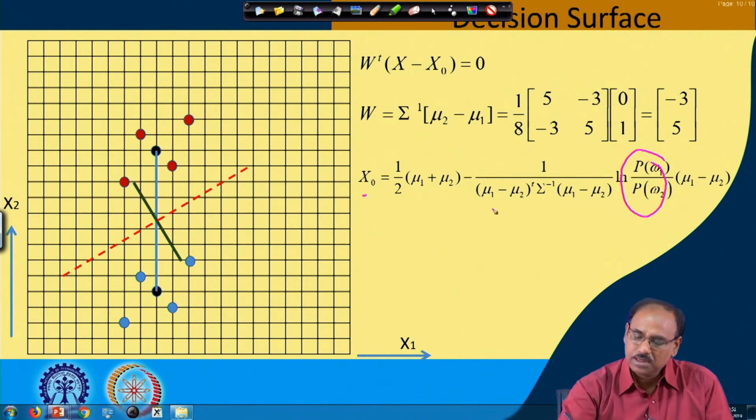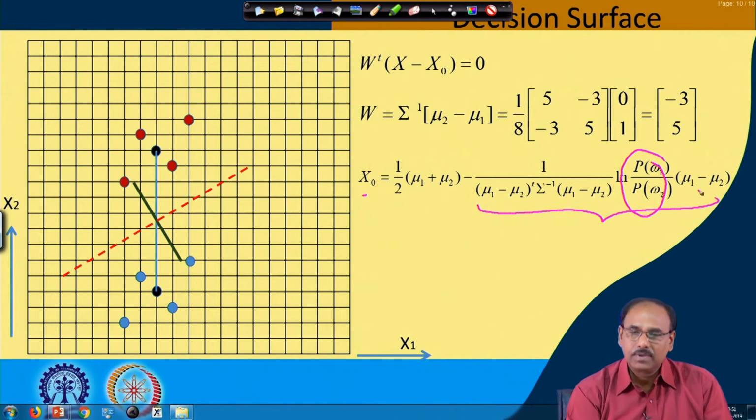That means this term will be cancelled, giving x naught to be half of mu 1 plus mu 2. So, our decision boundary will be orthogonal to sigma inverse times (mu 2 minus mu 1), or mu 1 minus mu 2, and it will pass through the midpoint between mu 1 and mu 2.